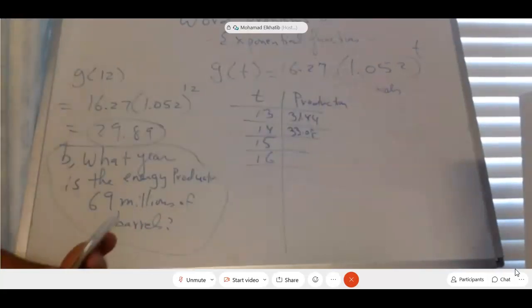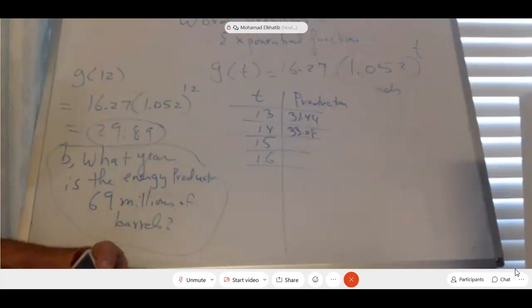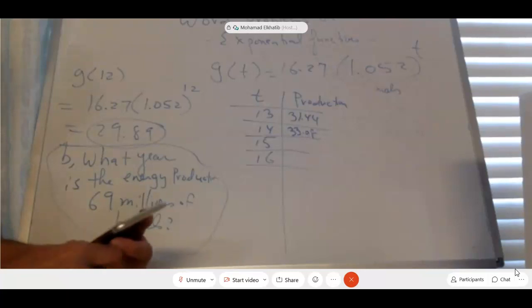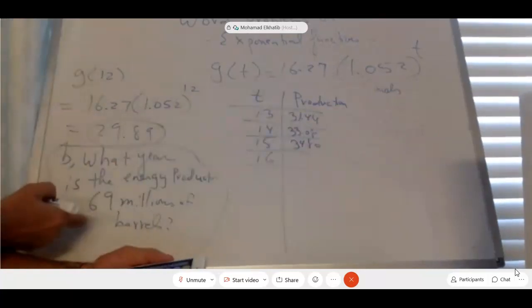So I got to keep going higher. I go to 15. 1.052 raised to the power 15 times 16.27. I get 34.80. Well, it looks like it's going to be a while to reach 69.